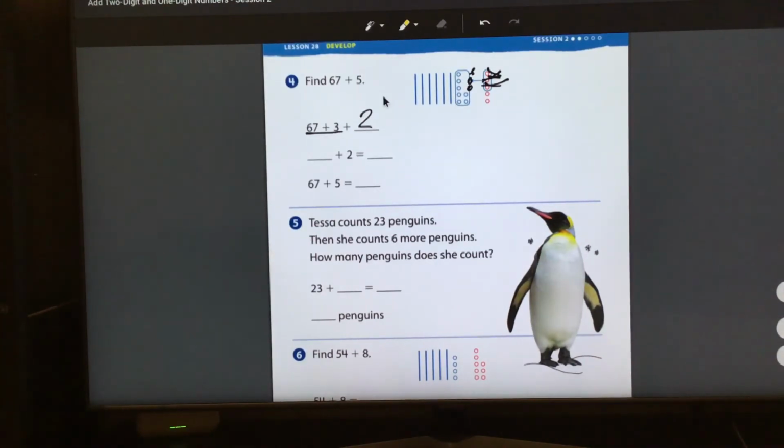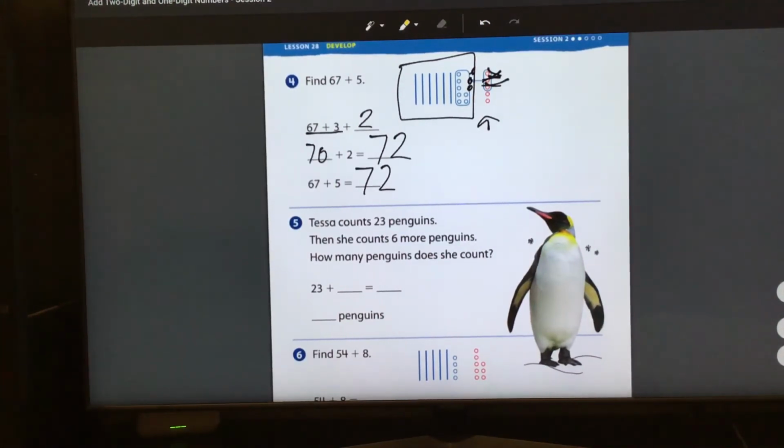So now 67 plus 3 got you to 70. So you have 70, this is 70, plus your 2 right here, 70, 71, 72. 70 plus 2 equals 72, which means 67 plus 5 equals 72 also.